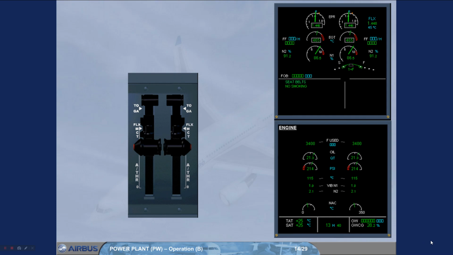At thrust reduction altitude, the thrust levers should be moved to the climb detente to select climb thrust. Select climb thrust.